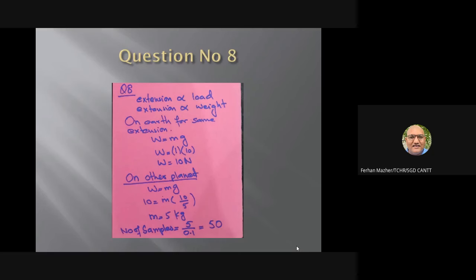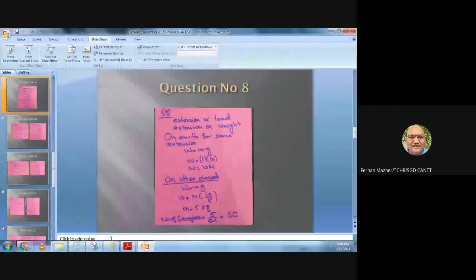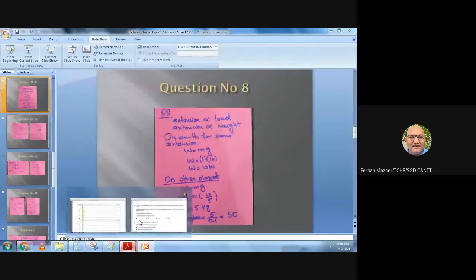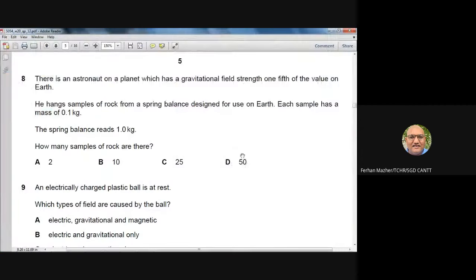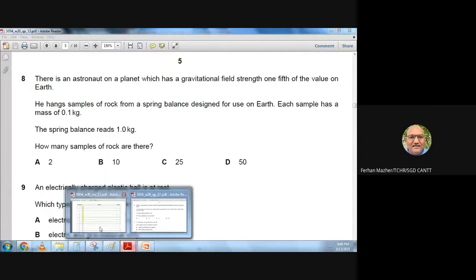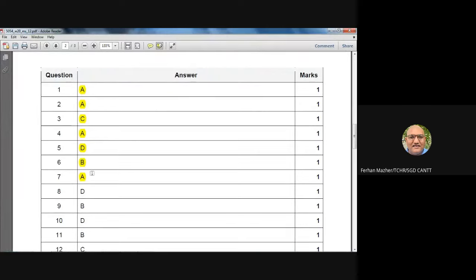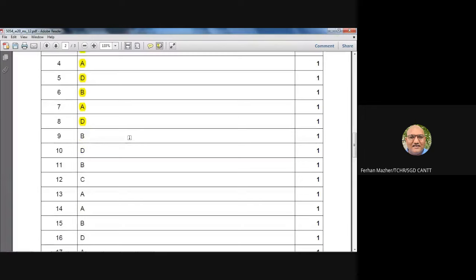So I will require 50 blocks. So the answer should be D. Question number 8, I think the option is D. Let's check. Question number 8, D is the option.